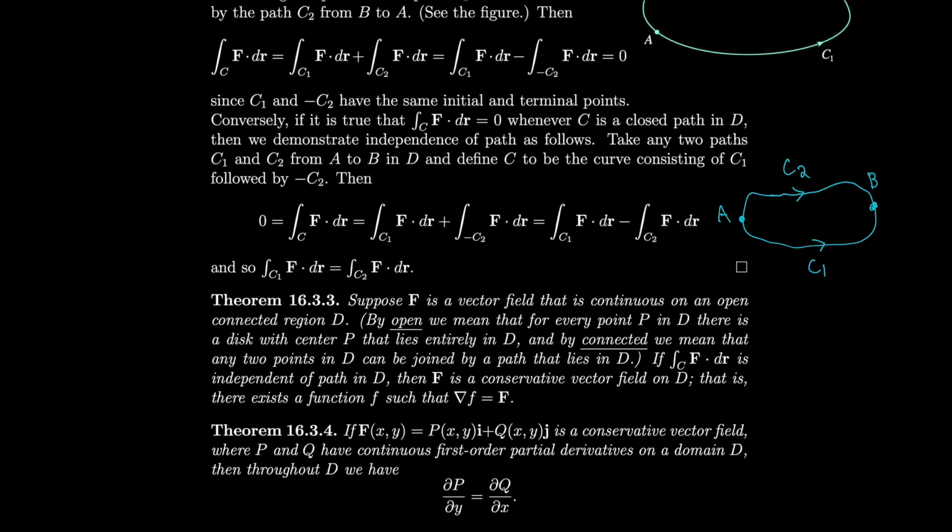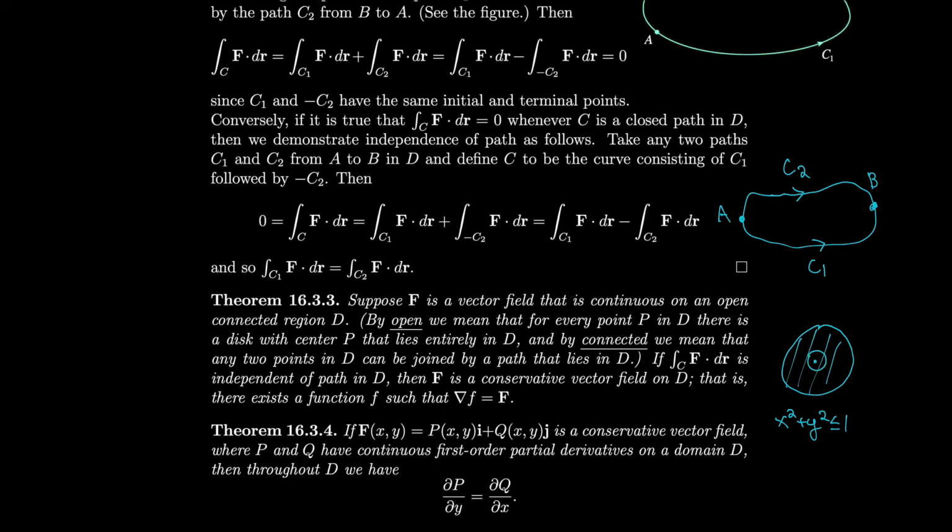So if I have, I don't know, some disk like this, like let's say this was x squared plus y squared less than or equal to 1. If I was looking at a point P in D, let's say over here, then I could draw a disk around it.